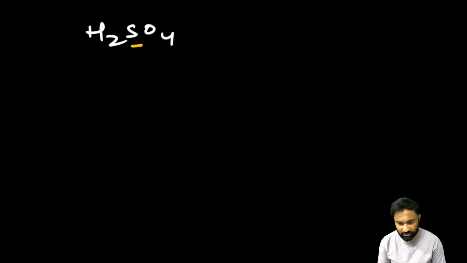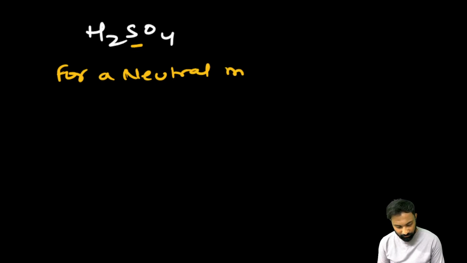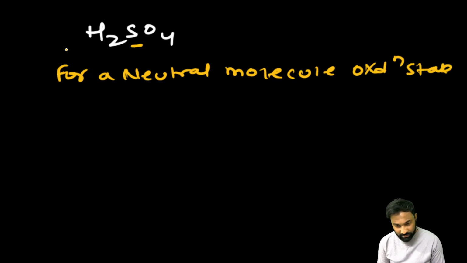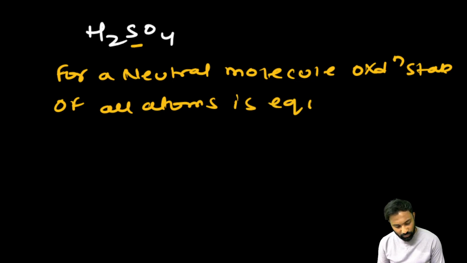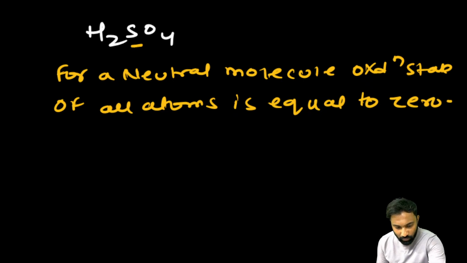For a neutral molecule, this point is very important now: for a neutral molecule, the sum of the oxidation states of all atoms is equal to 0. Done. Here how is it equal to 0?